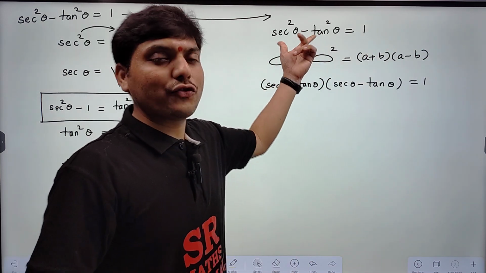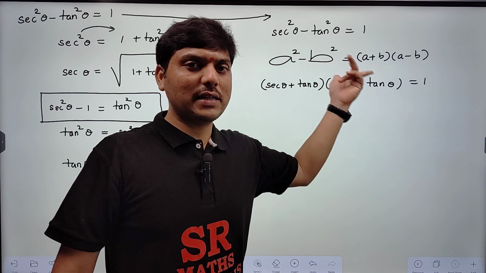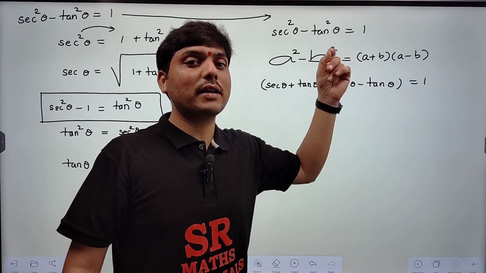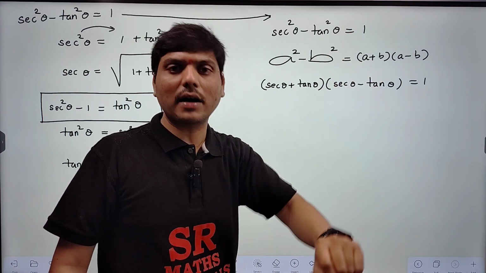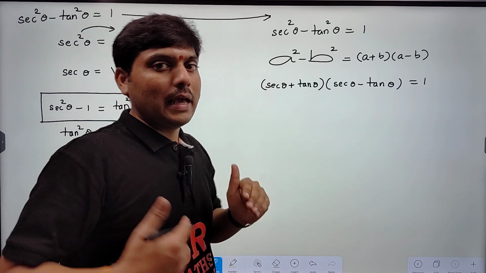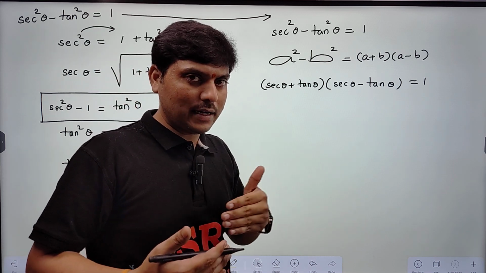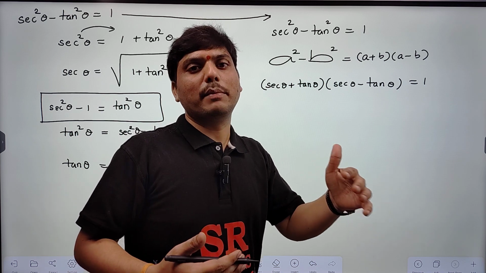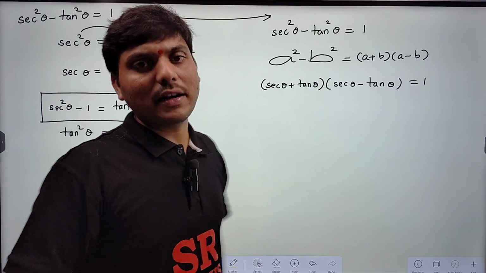This is a form of a square minus b square. Your formula is a plus b into a minus b, but our values of a and b are secant theta and tan theta. So our formula generates secant theta plus tan theta into secant theta minus tan theta. The right side value is 1.